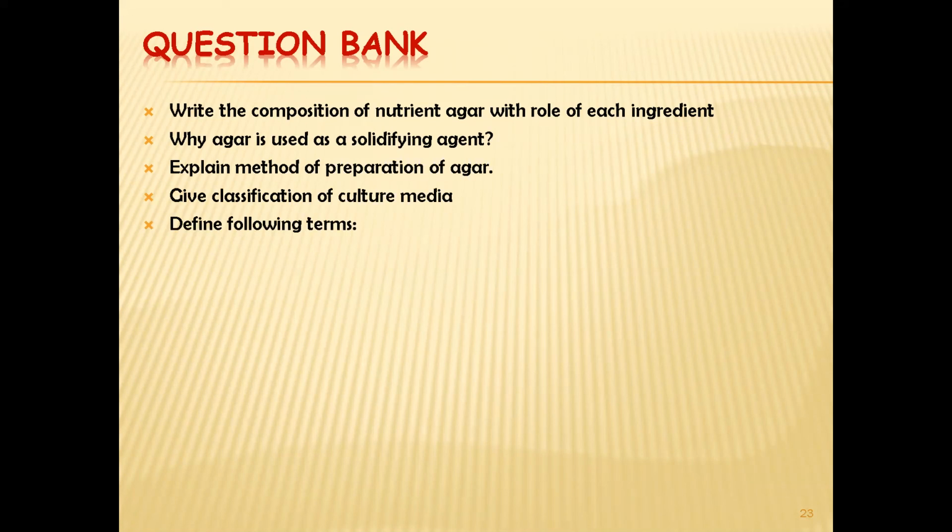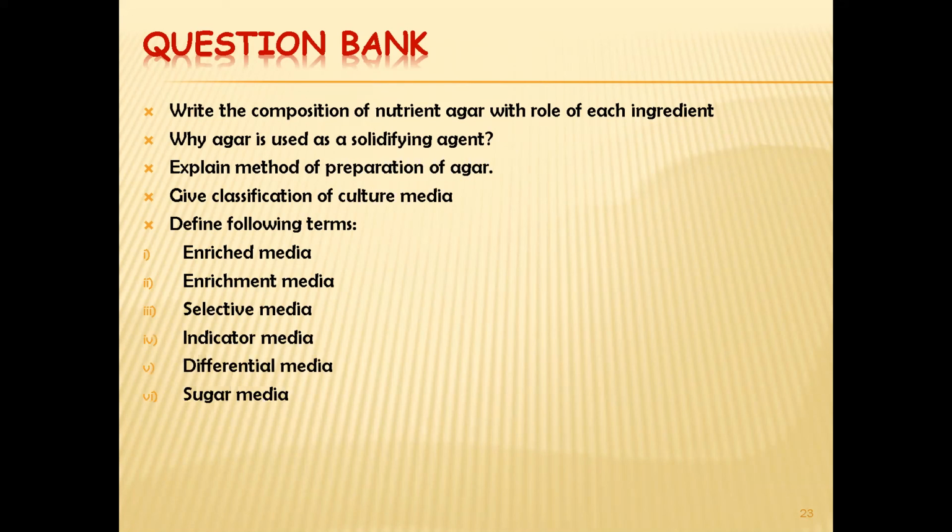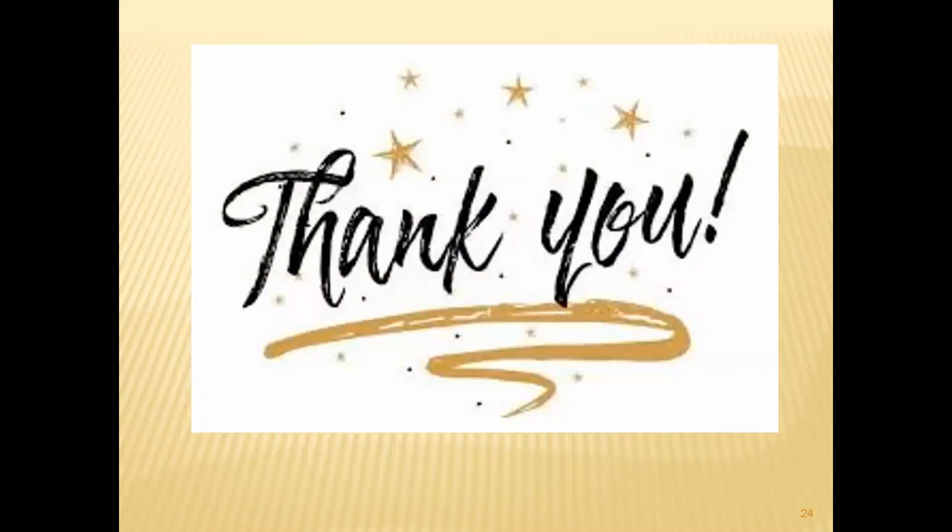Define the following terms like enriched media, enrichment media, selective media, indicator media, differential media, sugar media, transport media, assay media, storage media. In addition to this, they can ask you to differentiate between nutrient broth and nutrient agar. So this was all about how to prepare and sterilize nutrient broth and nutrient agar.